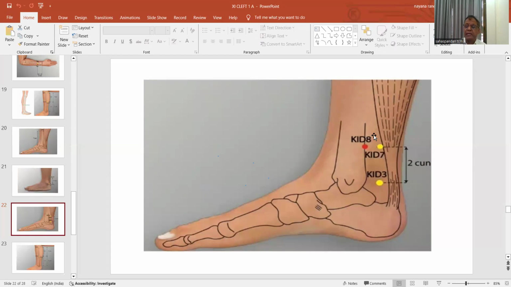Kidney 8 is indicated for irregular menstruation, dysmenorrhea, amenorrhea, and especially for uterine bleeding.